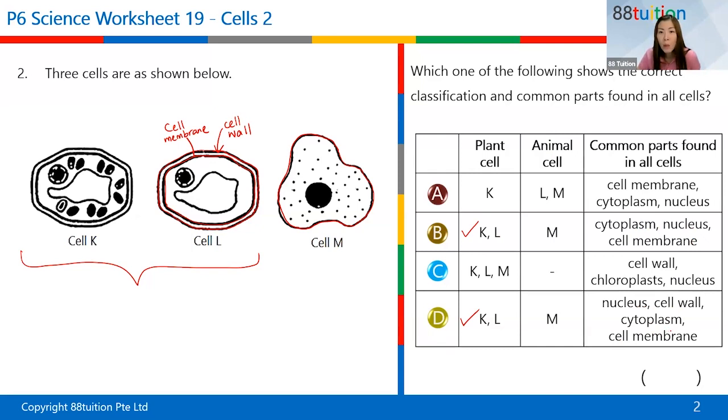No. Which part is the one that we are going to cross out? Ian, unmute yourself. There's nucleus, cell wall, cytoplasm, and cell membrane. Which one caused you to think this is not the answer?